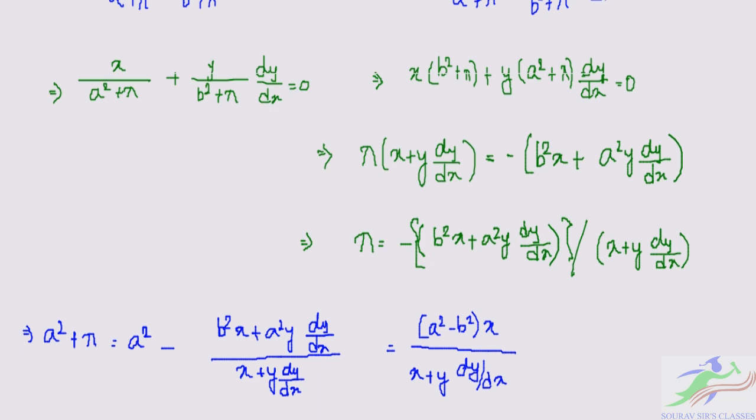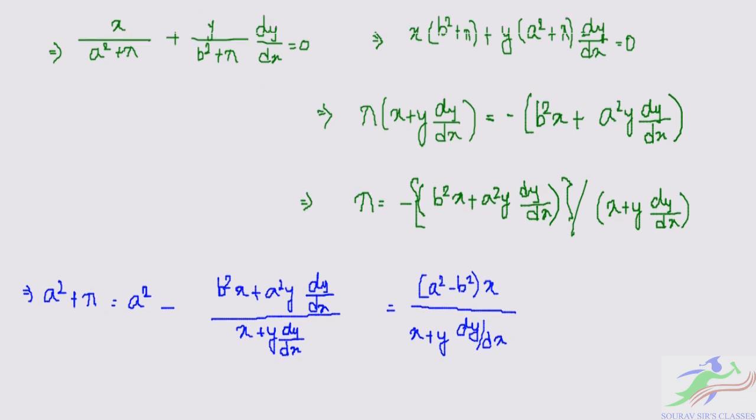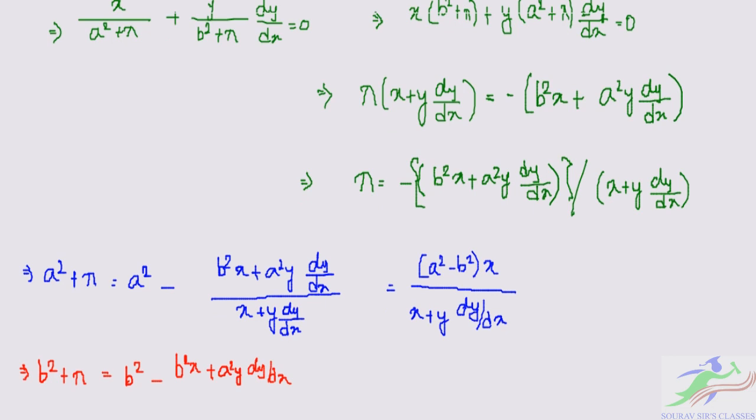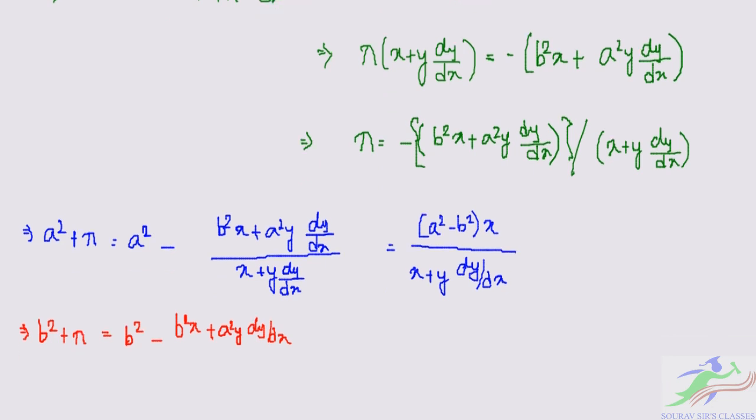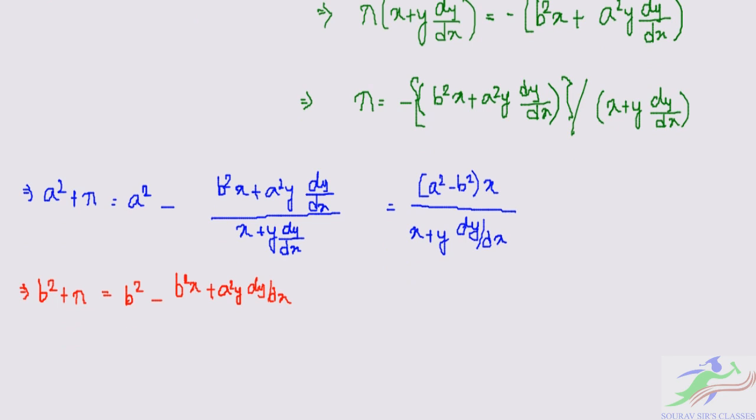Similarly, if we add b square to this equation, b square plus lambda will be b square minus of b square x plus a square y dy dx by x plus y dy dx.